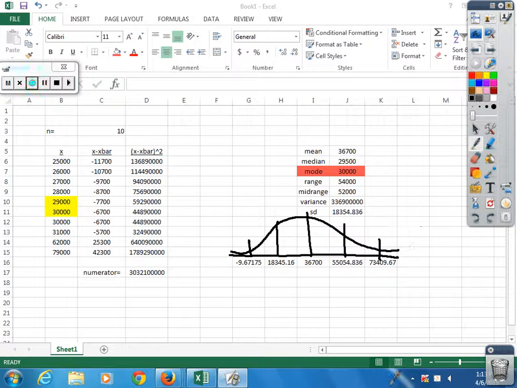So between -9 and 73,000, that is normal. Where did -9 come from? Take 2 standard deviations to the left, 2 standard deviations to the right. You subtract when you go to the left, you add when you go to the right.